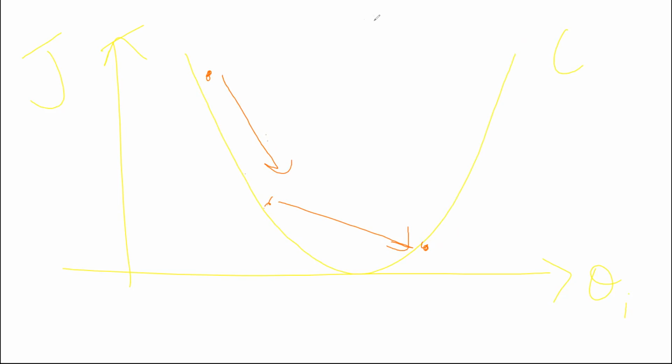You will take something like this, then this, and you will be lost in that cost function space. This is what happens if you take a very large step, but if you take a sufficient size step, you will reach in proper time. It's not necessary to take only this much step, you can take this much step, but you should not take this much big step.